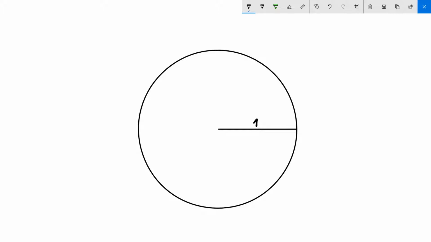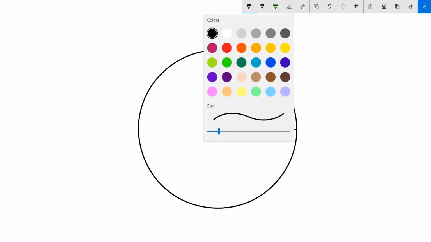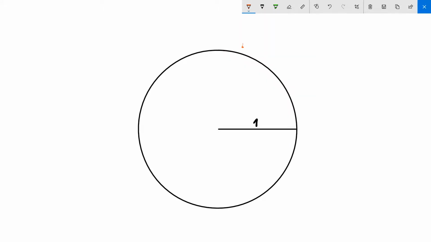So 1 radian represents what I'm about to draw here, the angle of which is here. This is 1 radian, and we have this little half degree symbol, or C. This is 1, right? This is just another radius, that's also 1.